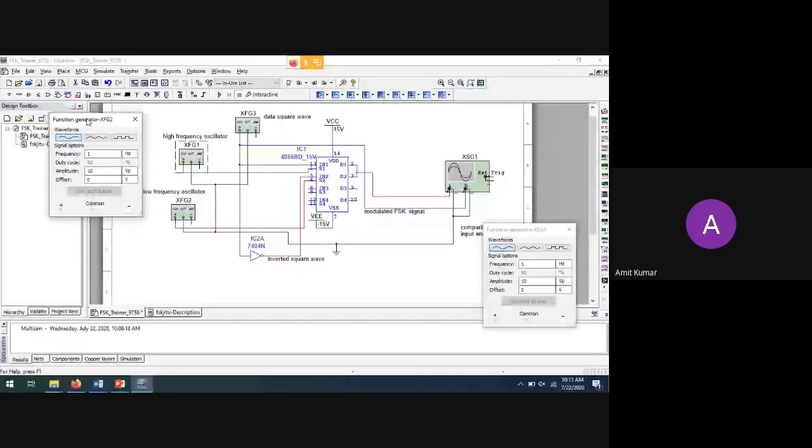So here the same block has been implemented in 14.0.